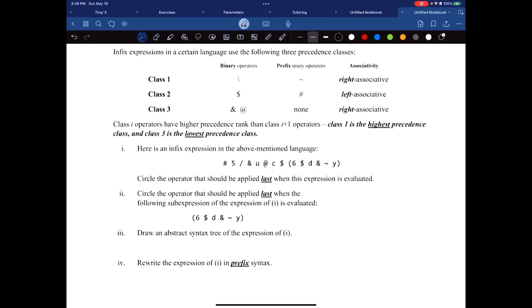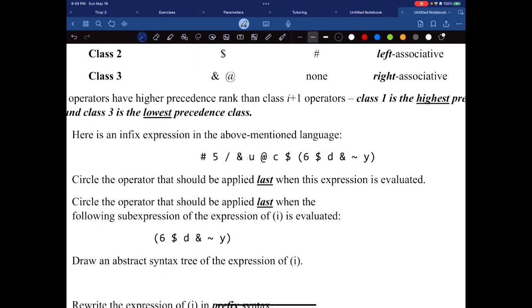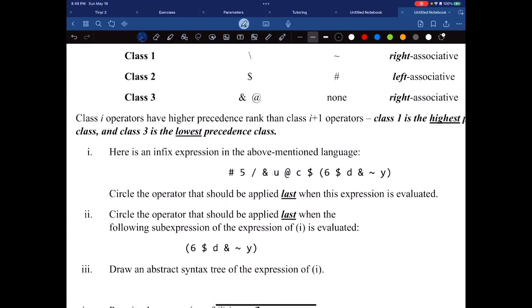By last, what it means is on the top level, which operator is going to have the rest of the symbols as its parameters. So we would check at the top here and we would see, are there any class 3 operators? We have an at here and an ampersand here, and it would just be those two.